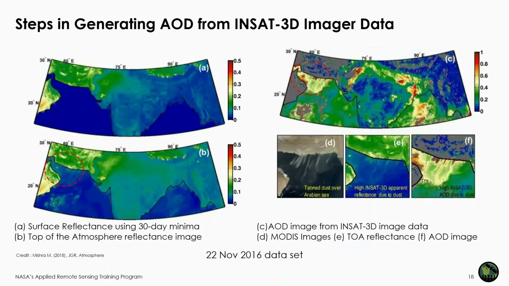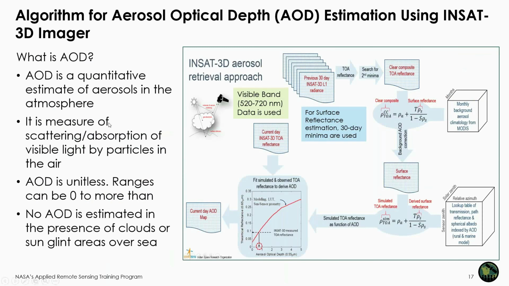Now, just to give you a very brief and simple idea of how we are deriving the aerosol optical depth using the INSAT 3D imager, here is the flow chart of the technique. As we have discussed earlier, we measure the scattering and absorption of visible light by particles in the air.